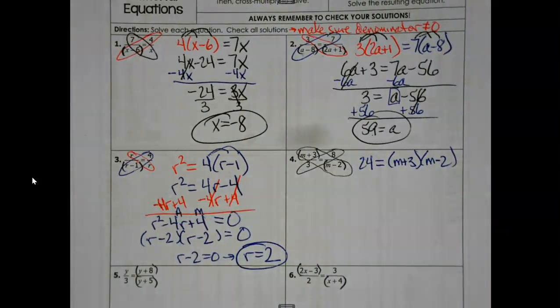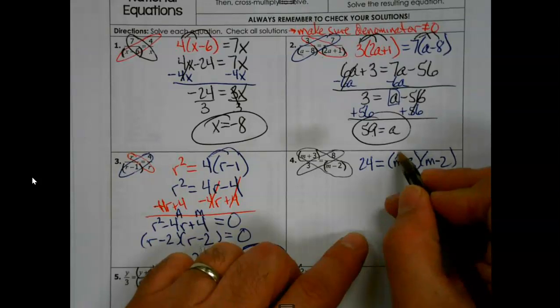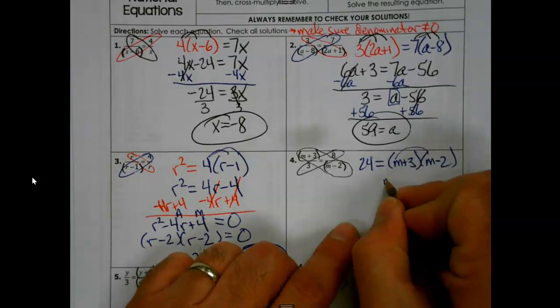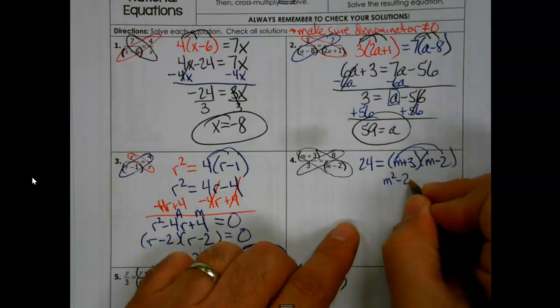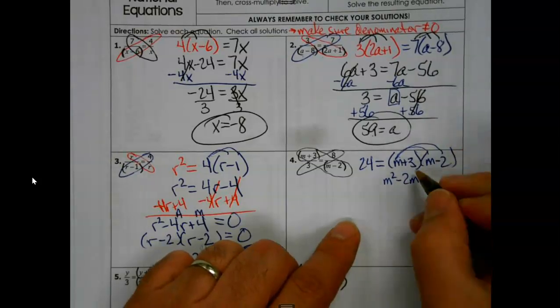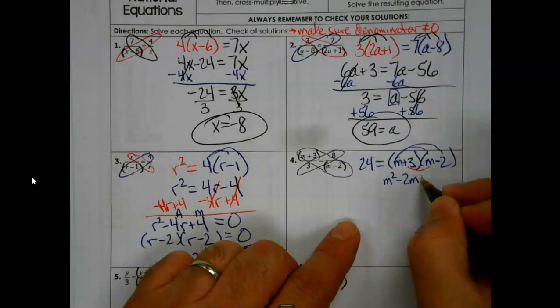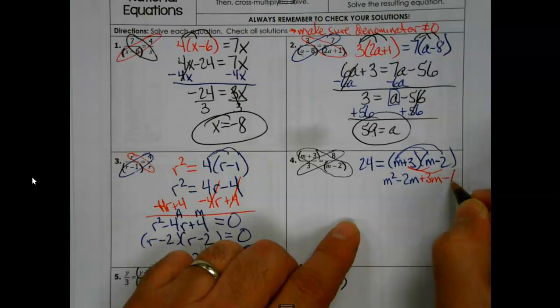Now when I say FOIL, it doesn't mean m squared minus 6. I just do those. When I'm doing this, that m has to go to both the m and the minus 2. And then I do my 3 times the m and the 3 times the negative 2.